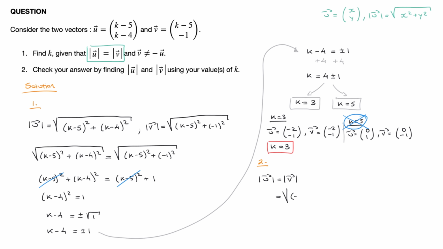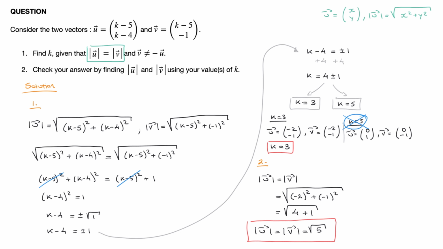So that's negative 2 in parentheses squared plus negative 1 in parentheses squared. So let's see. That's equal to, well, negative 2 in parentheses squared gives us 4, plus negative 1 in parentheses squared, which gives us 1. So that's equal to the square root of 4 plus 1. In other words, the magnitude of u, which again is equal to the magnitude of v, is equal to the square root of 5. And we're done.